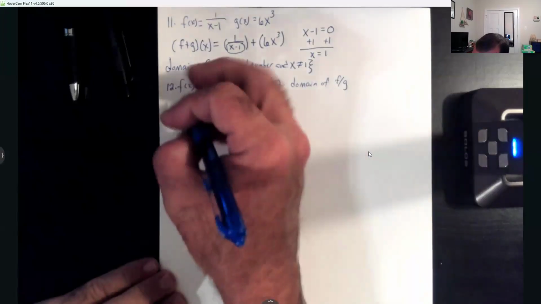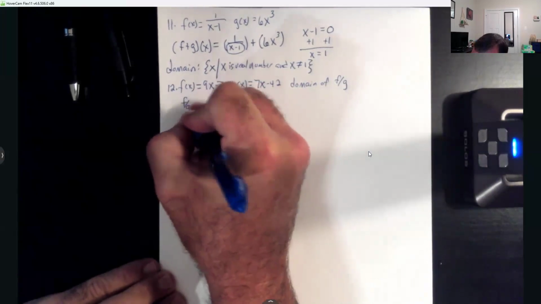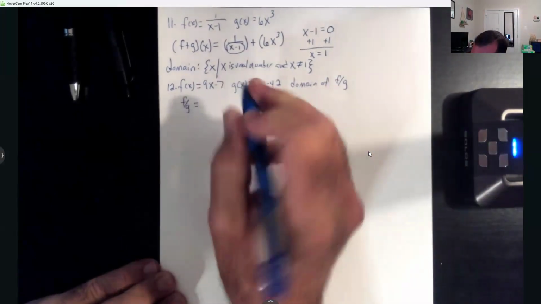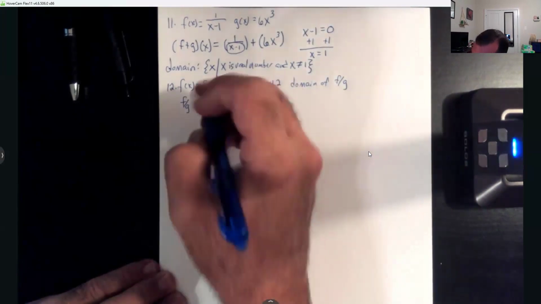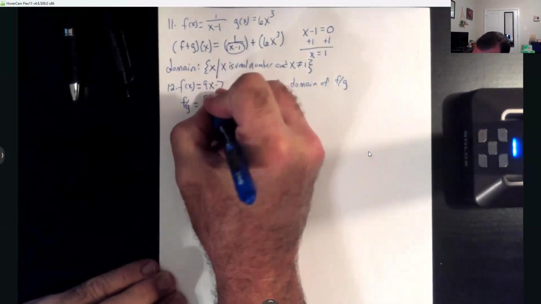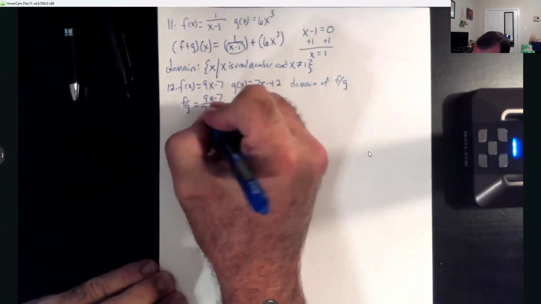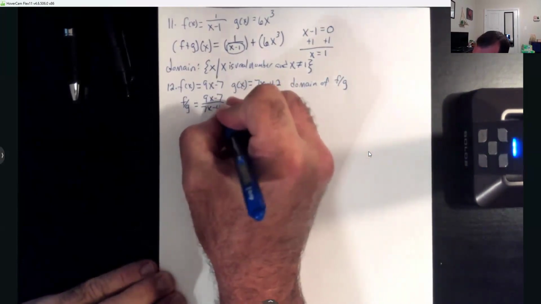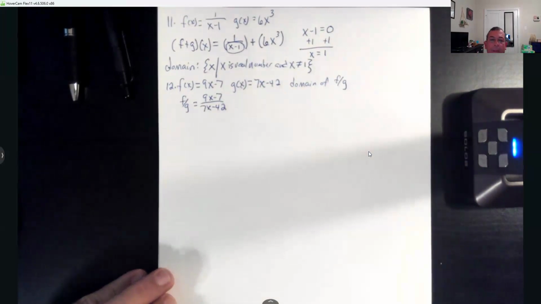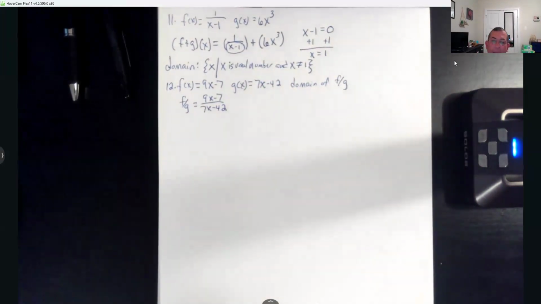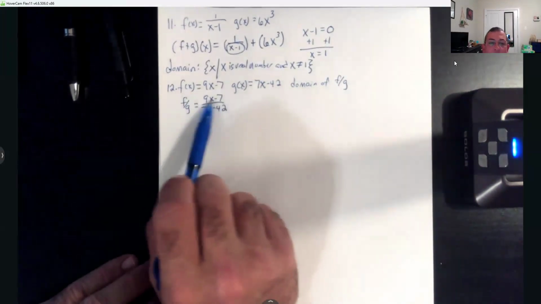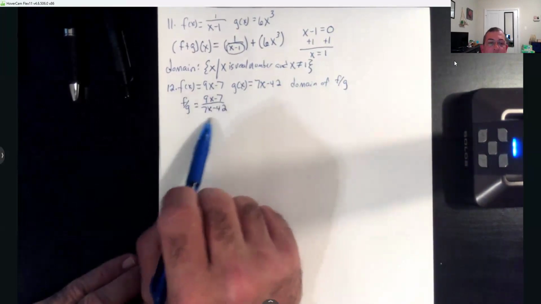All right, so I would come over here, f divided by g equals the f on top, which is 9x minus 7, over my g, which is 7x minus 42. Now, y'all listen. Once again, I don't care about the top. It's just that bottom.